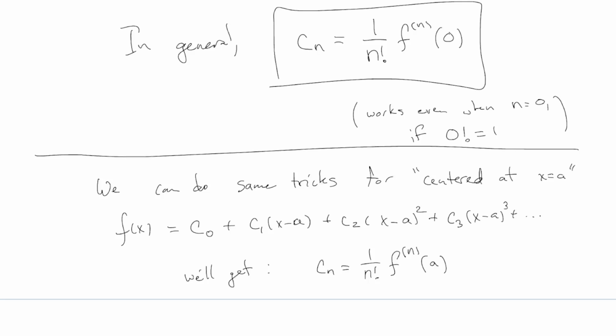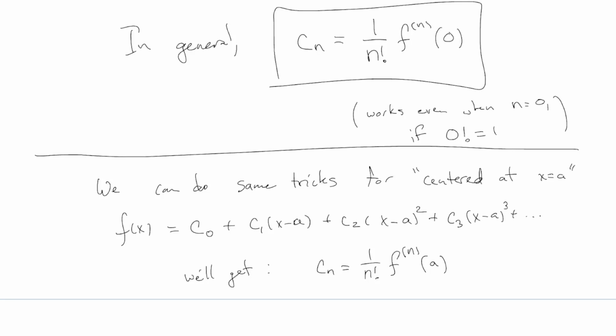All right? So if you are trying to calculate these coefficients, they involve taking the derivative over and over again. And in the case of centered at 0, you plug in 0 every time. In the case of centered at some other point, you plug in a every time, whatever that other point is.